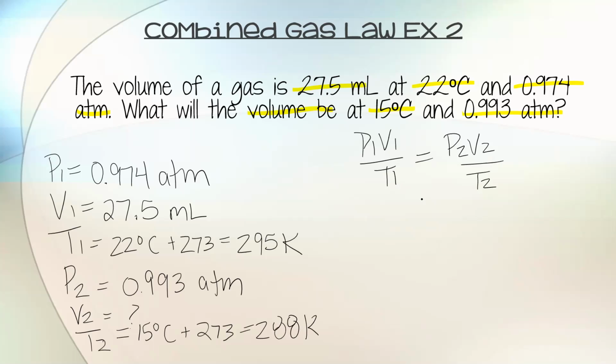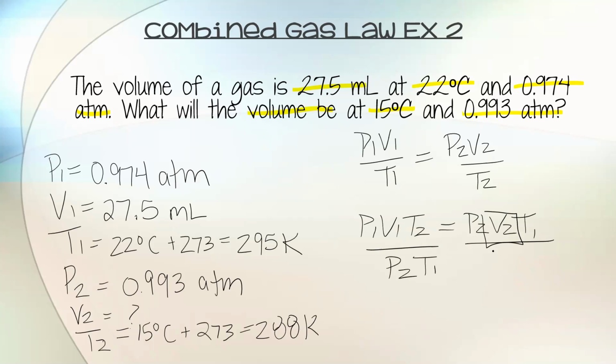Use whatever method you want, but if you're cross multiplying, P1 V1 T2 equals P2 V2 T1. Once again, solving for V2. So you're going to divide both sides by P2 and T1. So V2, that's going to cancel. V2 equals P1 times V1 times T2, all divided by P2 times T1.